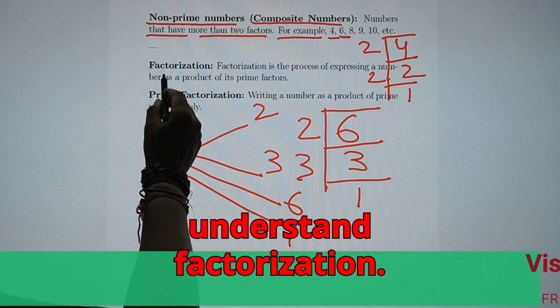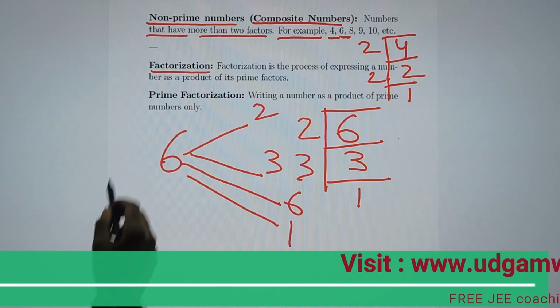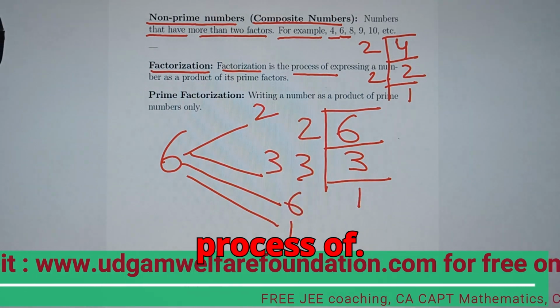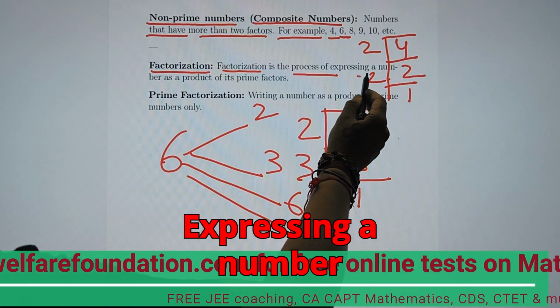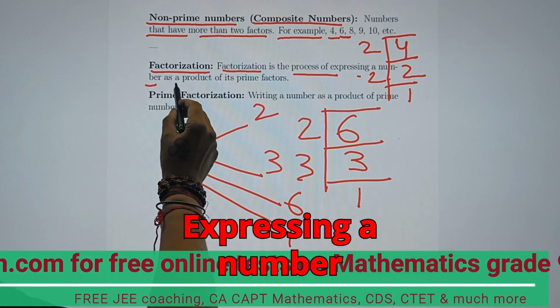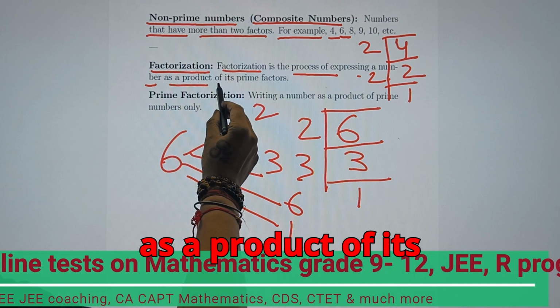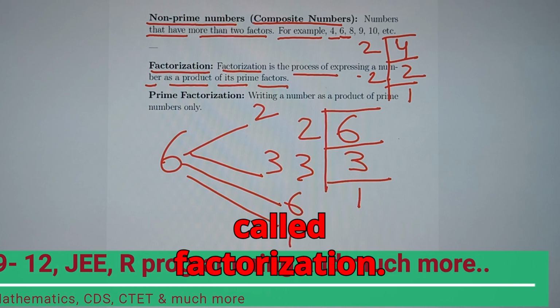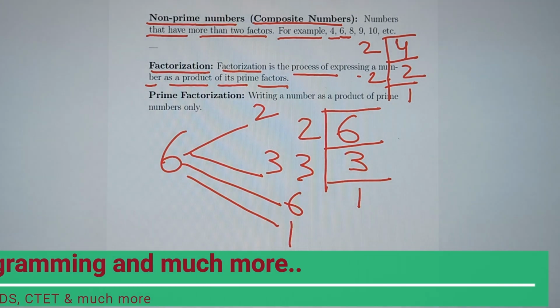Now let's understand factorization. Factorization is the process of expressing a number as a product of its prime factors. That is called factorization.